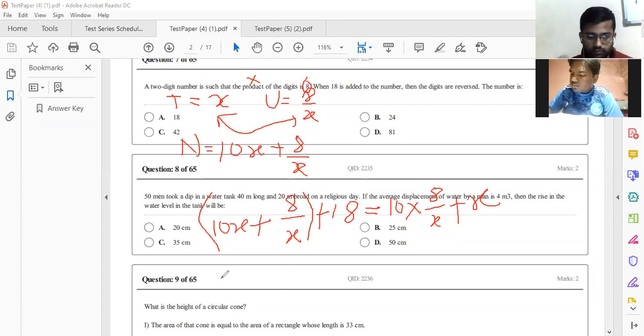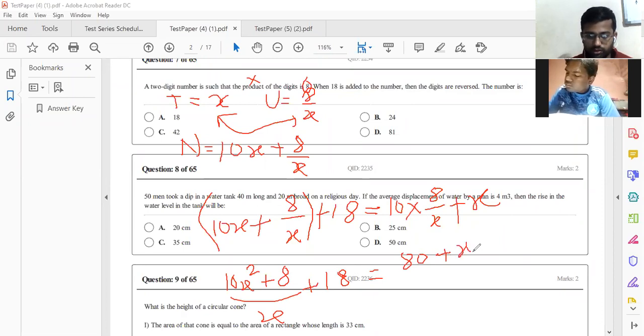So if you cross multiply here, you will get 10x square plus 8 divided by x here, plus 18. Similarly, here 80 plus x square divided by x.